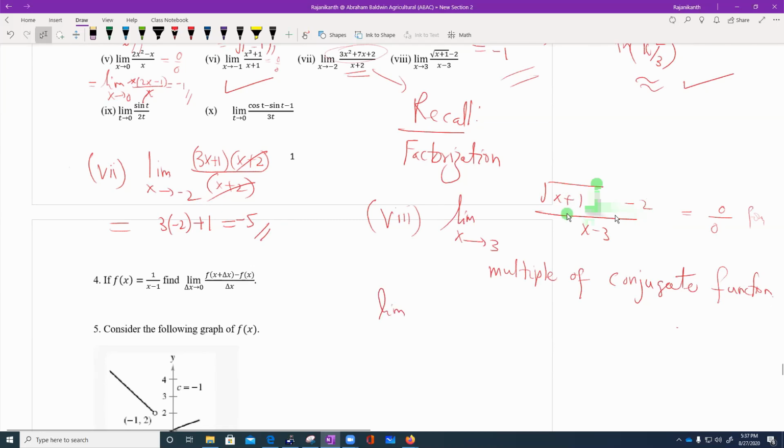So if you rewrite the given problem, I'm simply writing my numerator, square root of x plus 1 minus 2, in one parenthesis, x minus 3 over there in the denominator. Now I'm going to multiply my numerator by its conjugate because I see the radical in the numerator. So simply multiply, but with the positive 2. Whatever you multiply with the numerator should be multiplied with the denominator as well. Why? In order to make the fraction equivalent.